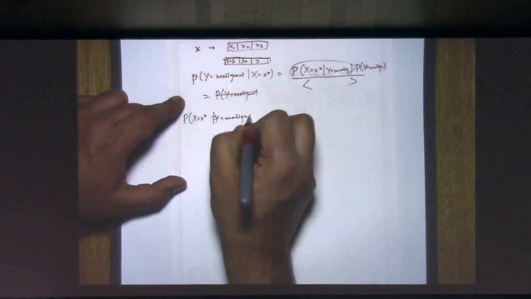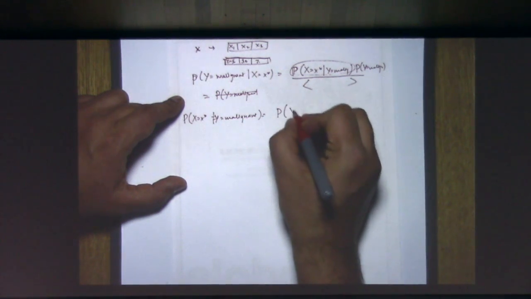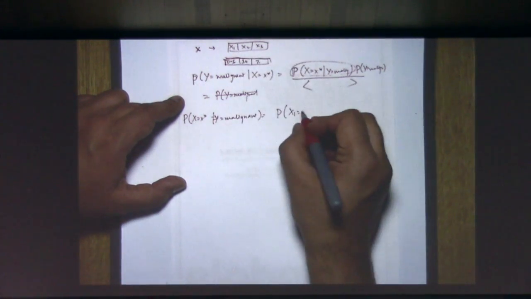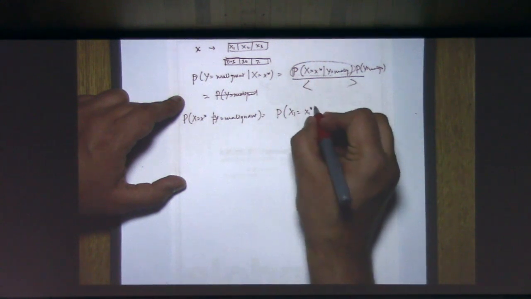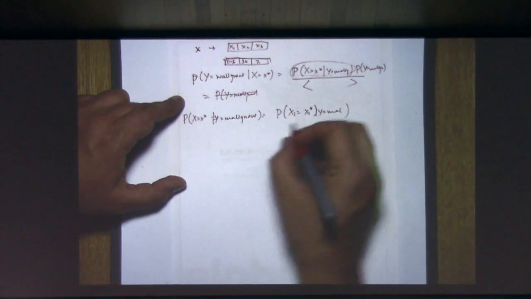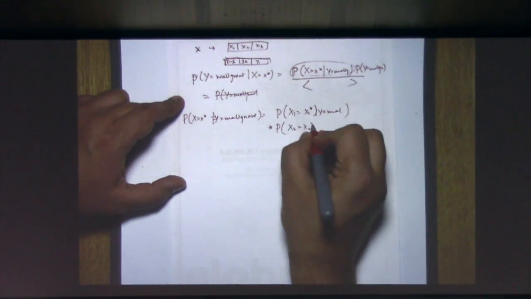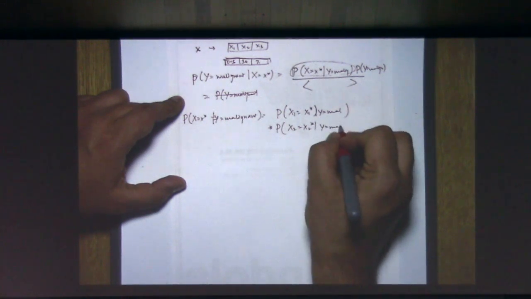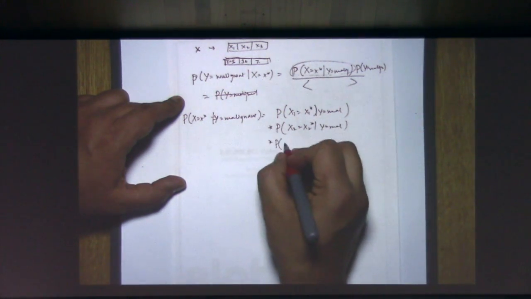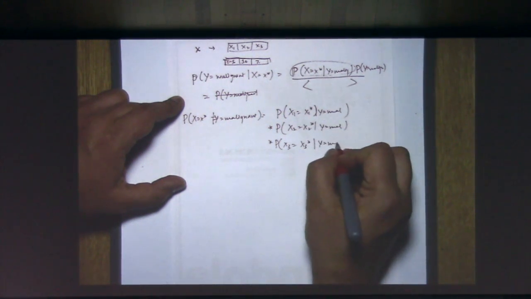That means that we can write this as the probability of x1, which is the first component, to be x1 star given y is malignant, times x2 equal to x2 star given malignant, and so on.